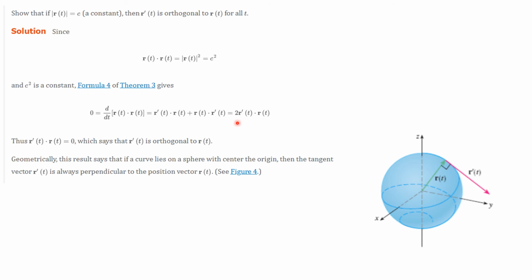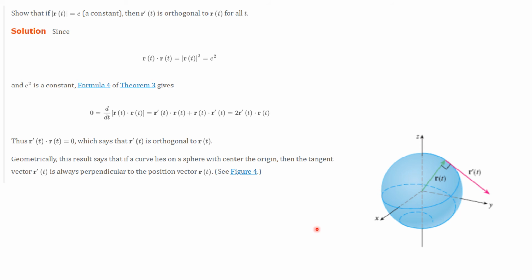Now the dot product is going to be a scalar. So 2 times this scalar is going to be 0. That means that r prime of t dotted with r of t is equal to 0. And that says that r prime of t is orthogonal to r of t.